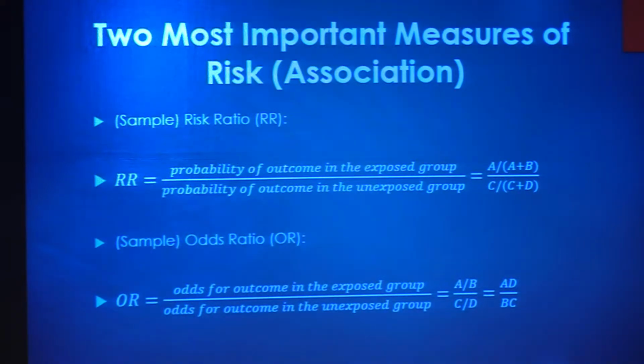For the risk ratio, we are looking at probabilities, okay? We're going to calculate the probability for risk in the exposed group, divided by the probability for the particular outcome that I'm focused on in the unexposed group.